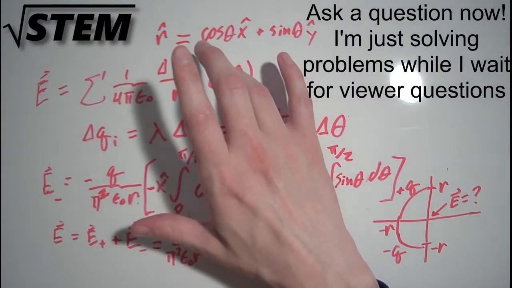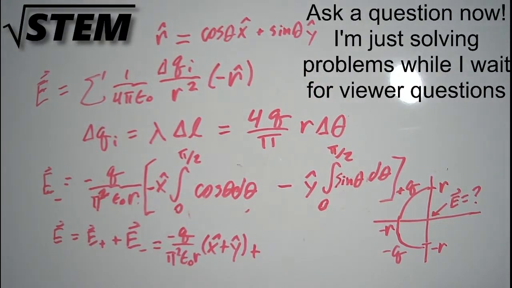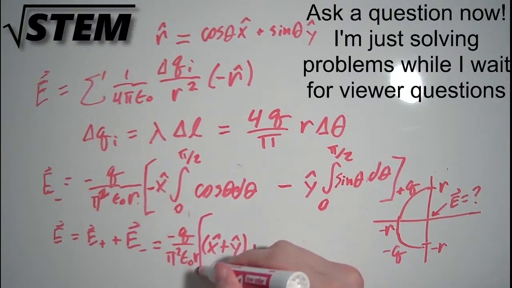I'm going to double check that after we finish this up and see if it makes sense, and then maybe change stuff if we need to. So once again, this is just going to give us a positive 1. So we would get negative 1 in the x hat. We're going to have this same magnitude out in front.